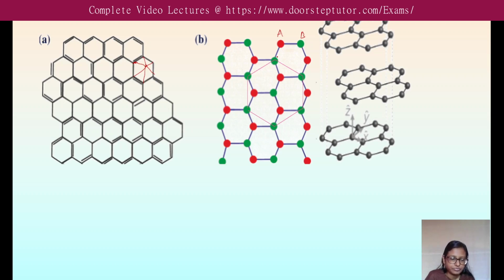So now, if we join the nearby green atoms, let us say, this will be the unit cell.